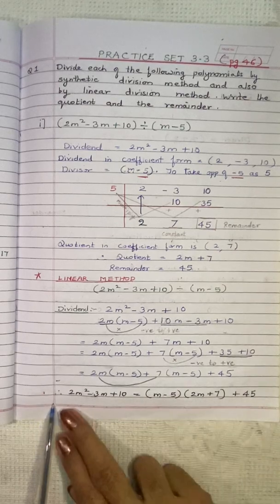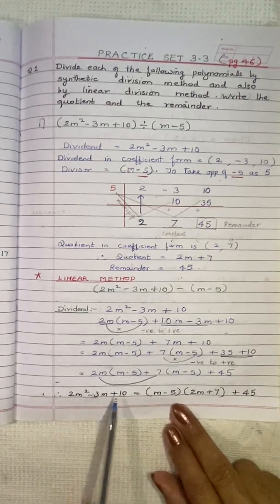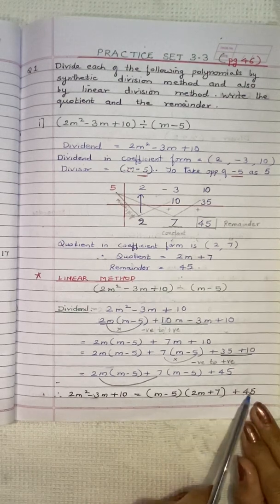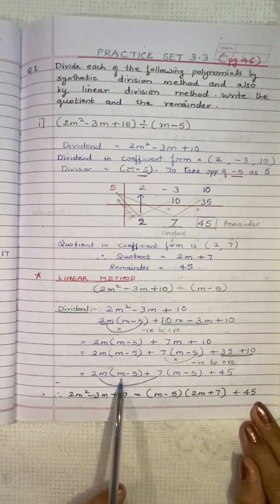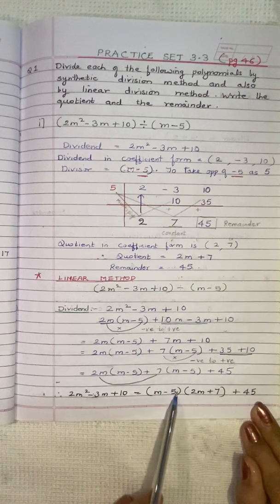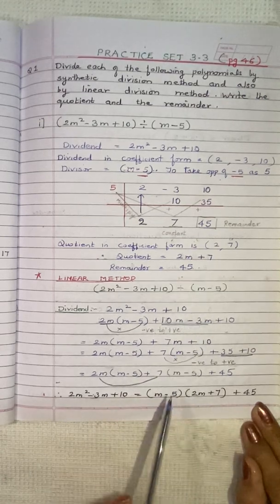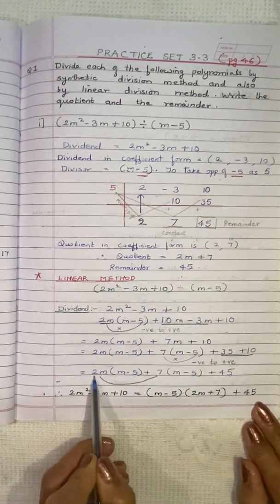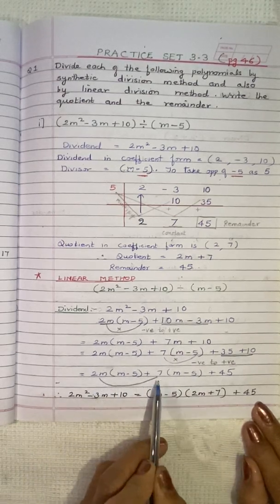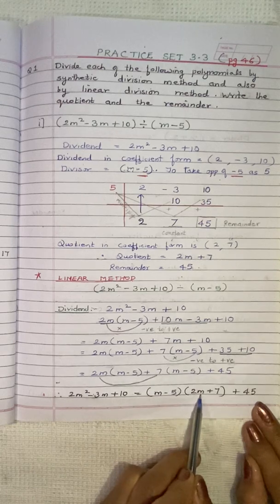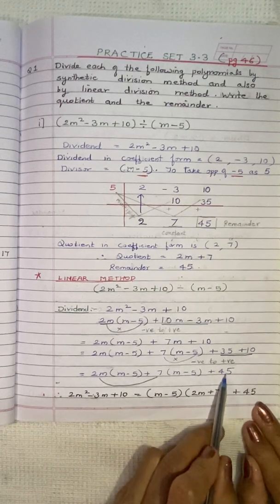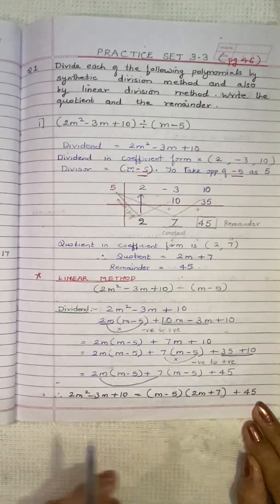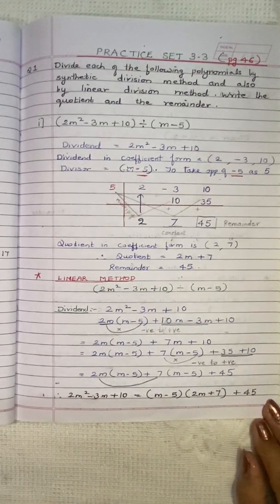So we will write dividend is equal to divisor multiplied by quotient plus remainder. Here m minus 5 is the divisor, and this is the quotient we have got. The quotient is 2m plus 7, and the remainder is 45. This is the common divisor, so we will not write it.